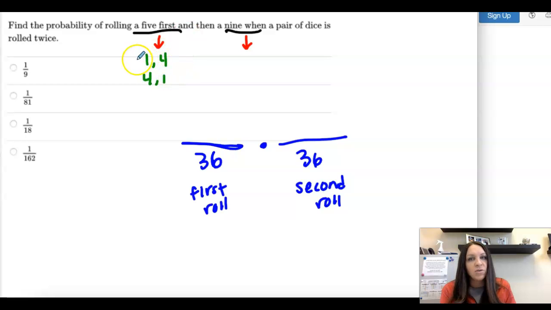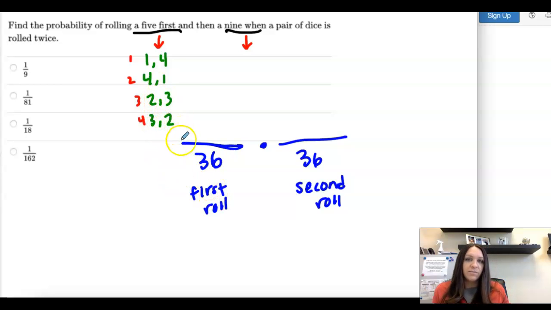So that's 2 different ways to roll a 5. I could also roll a 2 and a 3, and a 3 and a 2. And that's it, because then I hit 5 after I get 4. So there's 4 ways to roll a 5.